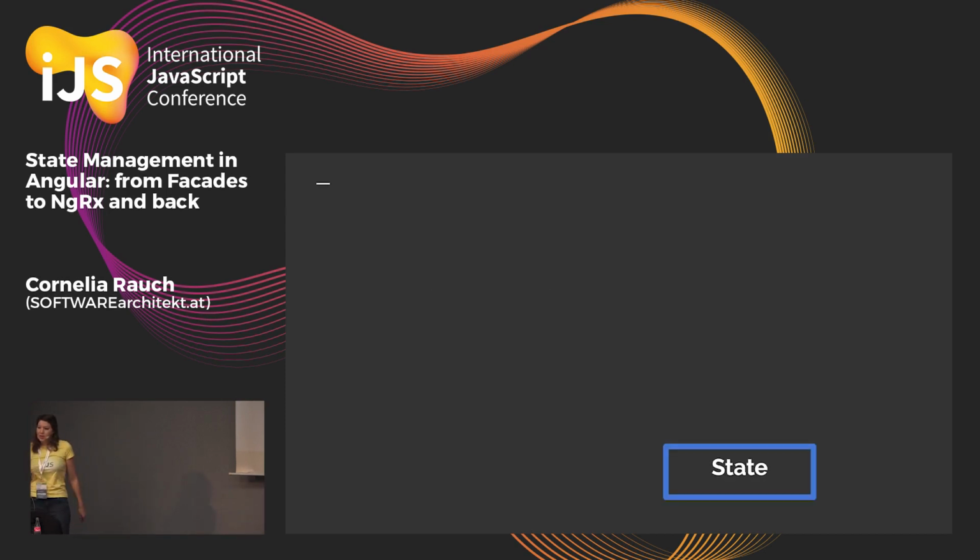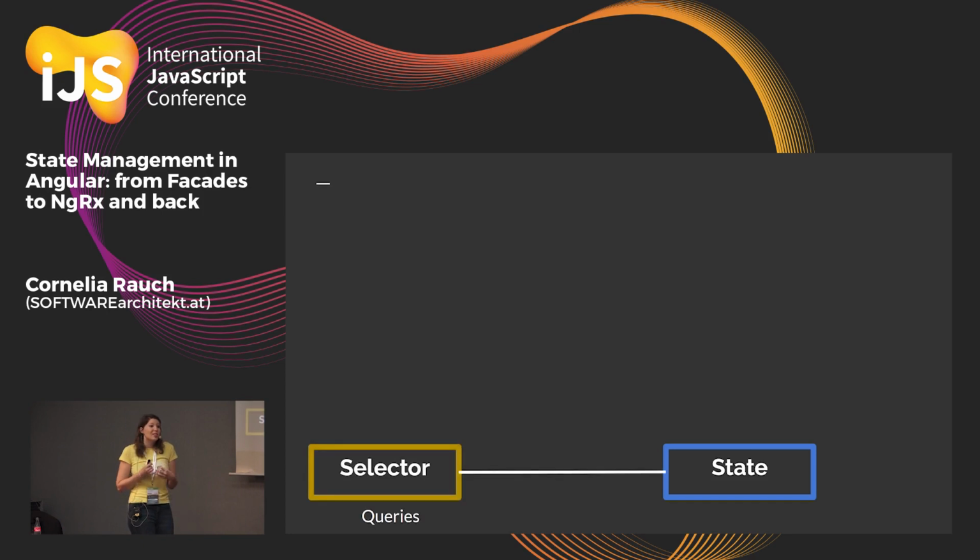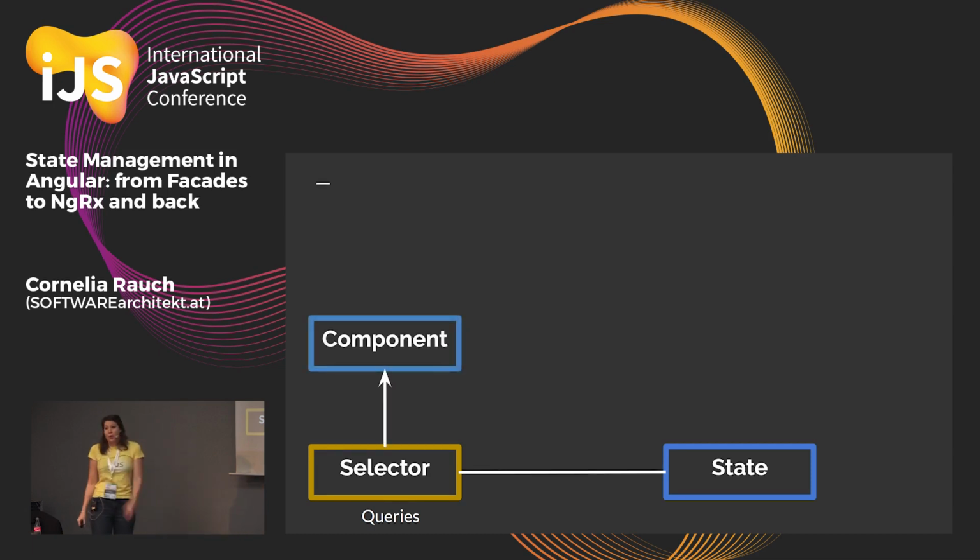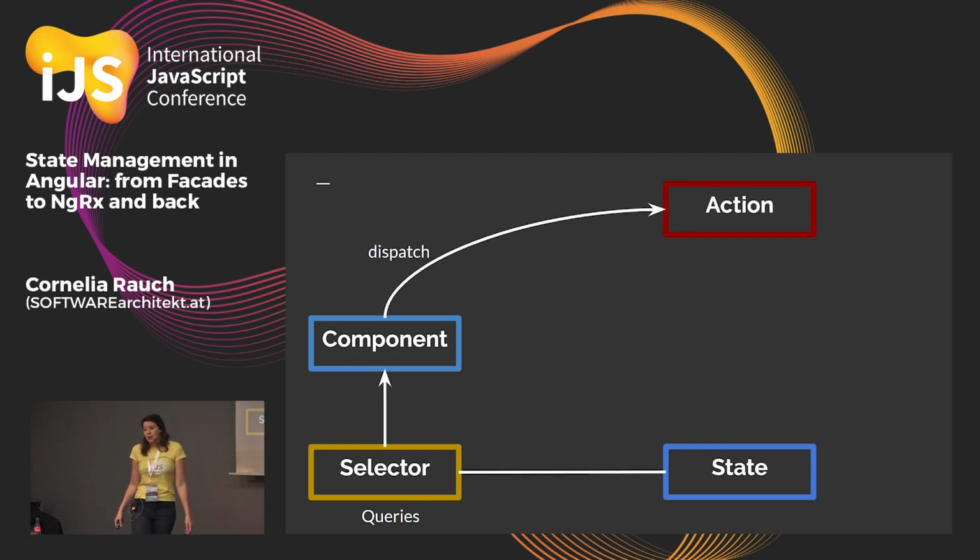So let's look at this in color. We have our state, which is a normal object tree, and then we can select some slice of state if we want to know about it in our component. So we can use selectors to get state from our object tree and show it in our components, for example, a list of books. And if we want to change or add something to the list of books, we can dispatch an action.